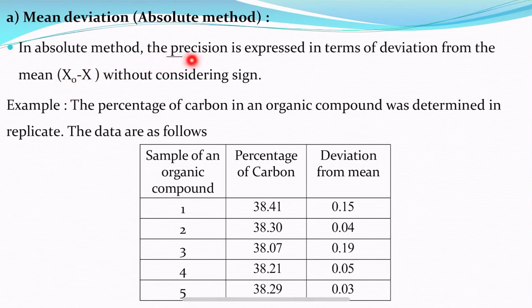The bar has gone elsewhere, so please observe it and read it as x naught minus x bar. An error has occurred here, which I think will be considered an operative error. So this bar should be here: x naught minus x bar, without considering the sign.